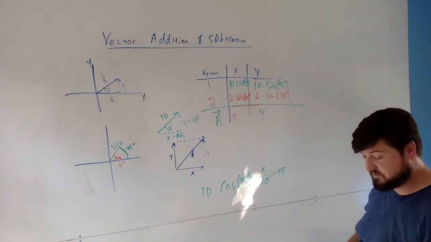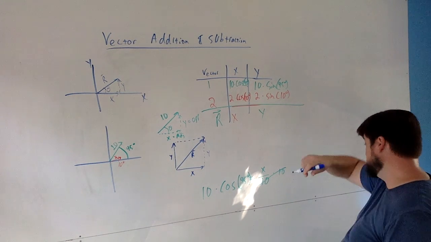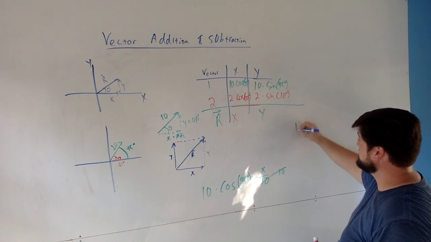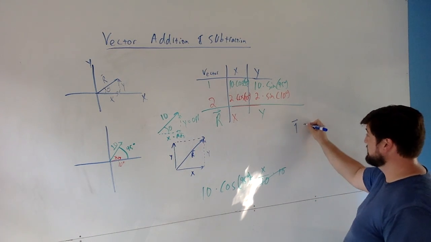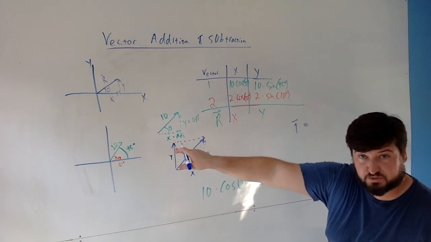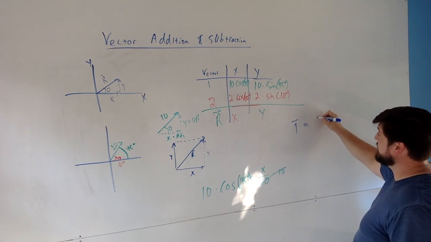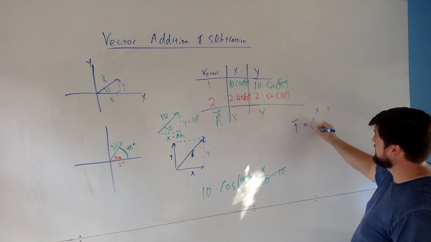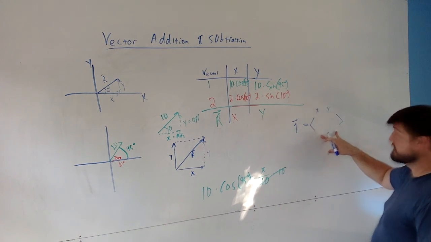What about this? There's a couple of different ways in which you can see vectors, okay? Another thing you can see sometimes is, let's go ahead and say I have vector 1. This is just a different format of seeing it. Instead of giving you a magnitude and a direction, that's polar coordinates, they can actually just list out your x, y, and sometimes your z as well. And a lot of times you're going to see these arrow brackets on either side here.